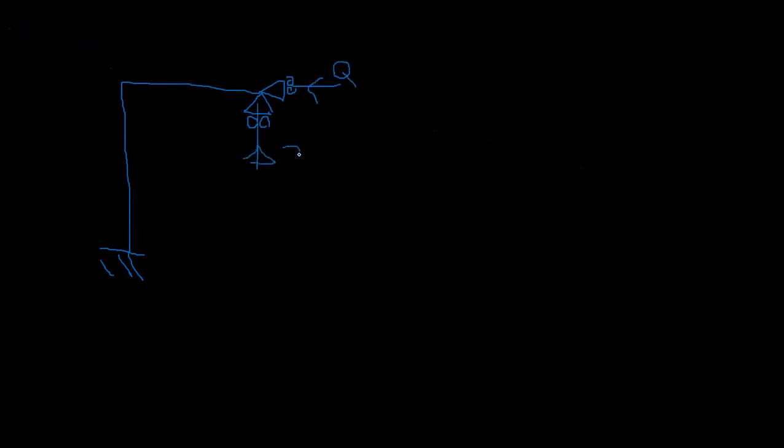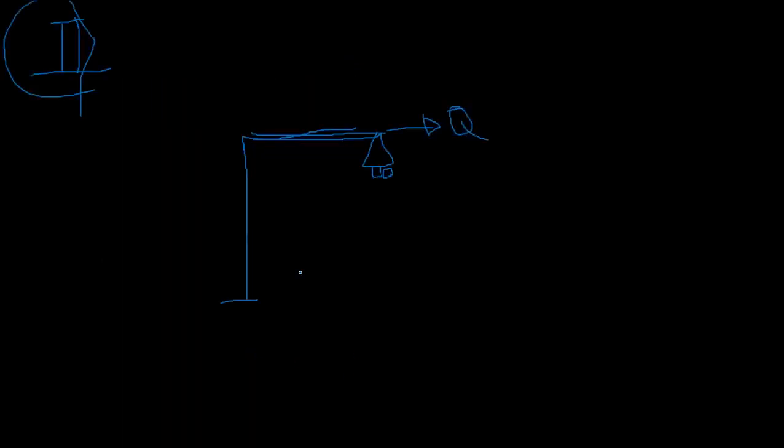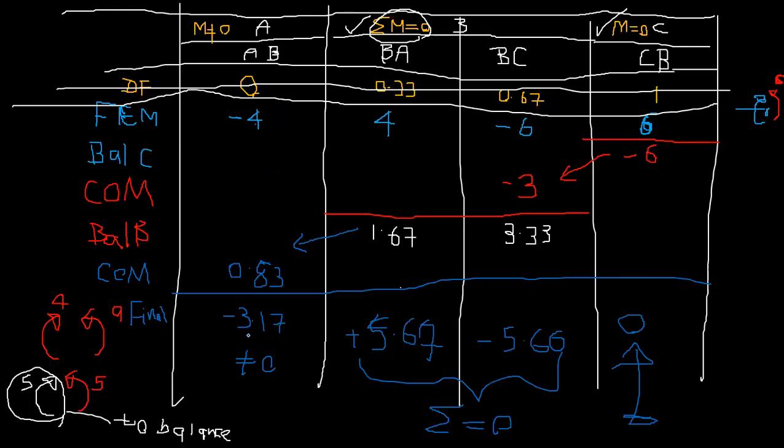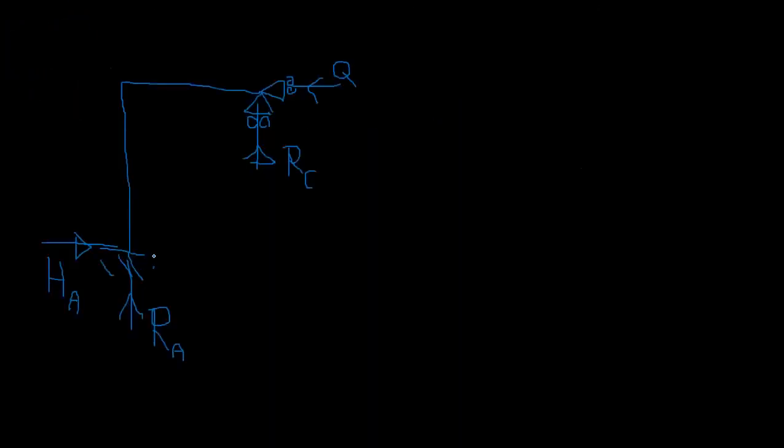This is R, C, this is R, A, and this is H, A. It's fixed and it has some bending moment, which was estimated earlier: minus 3.17, so anti-clockwise 3.2.